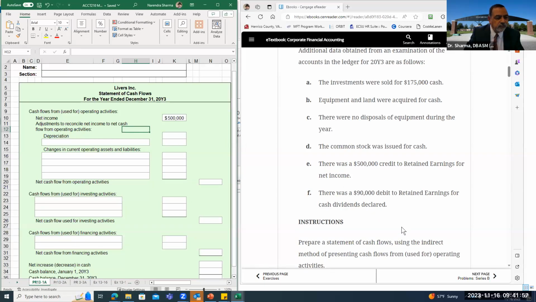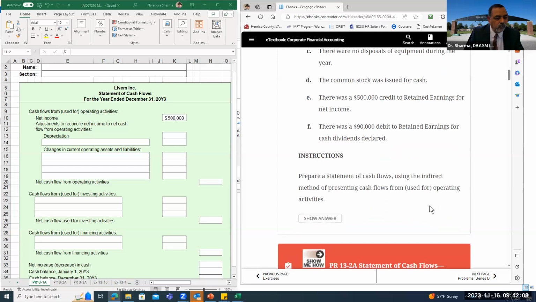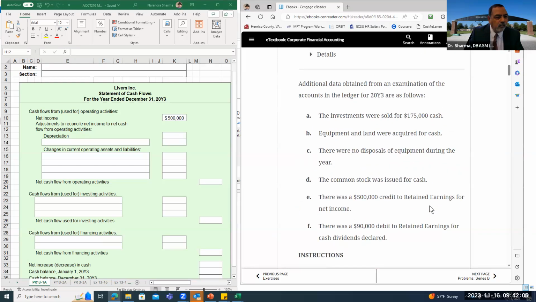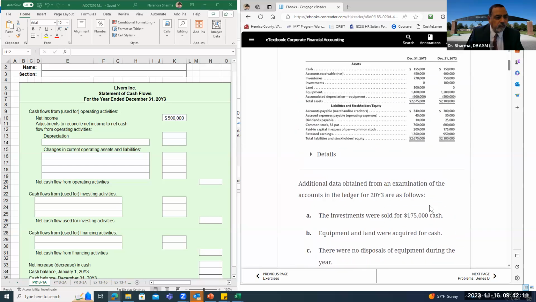It is given to you somewhere, in the investment, equipment, no disposal.